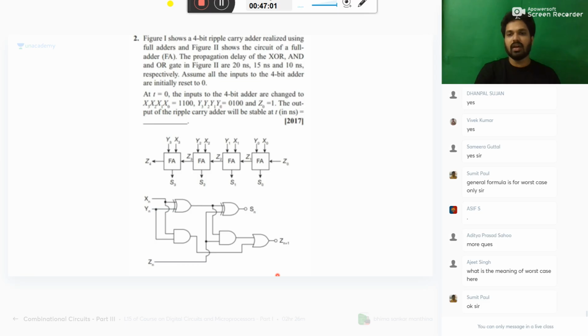Worst means highest, Ajit. For any random input, it will not be more than that. You are ready for the worst case, means it will not happen more than that. This is your homework. Give a try. Okay. This is not worst case. Here he gave one input. For the specific input he is asking. Tomorrow we do it in the class also. You just give a try for today's practice.